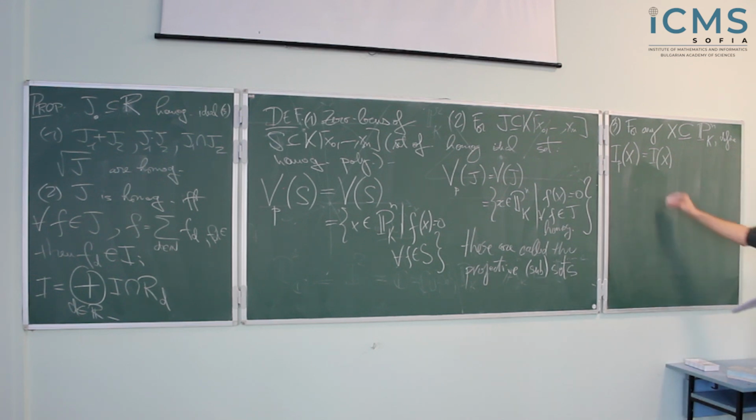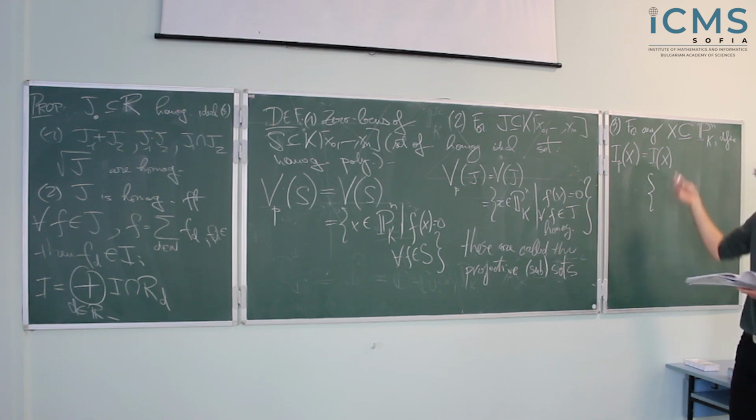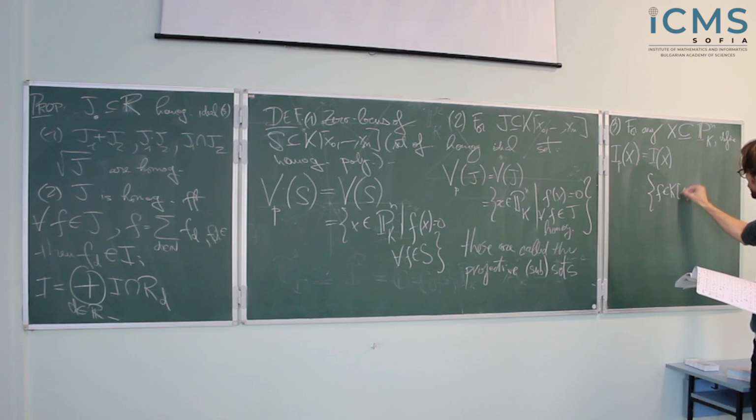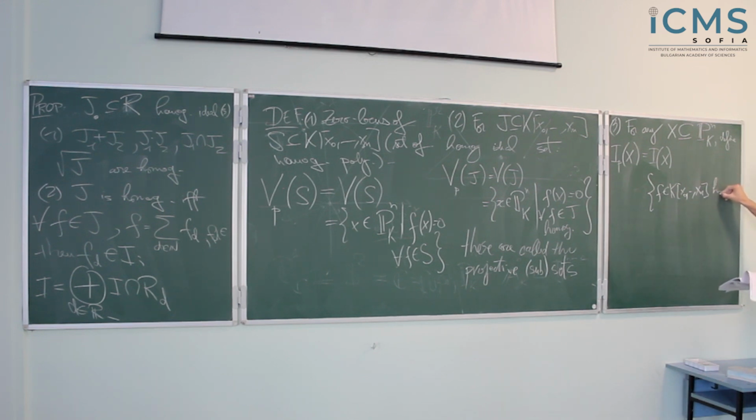So I will take all the polynomials inside of K of X which are homogeneous, such that f of x is equal to 0 for all small x in X. But you can imagine if I restrict myself only to homogeneous polynomials, this is not an ideal.